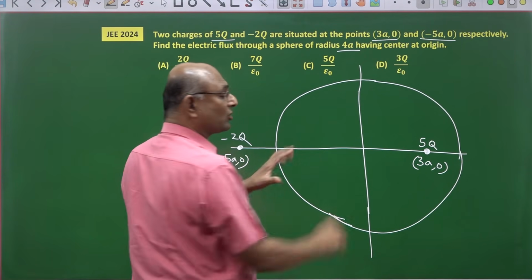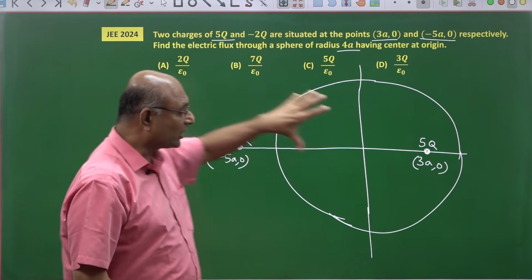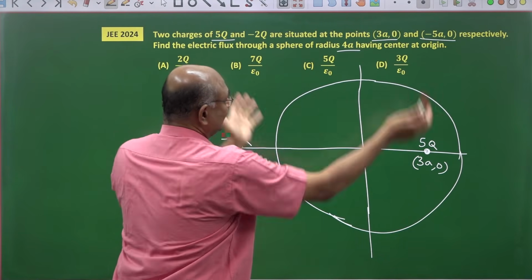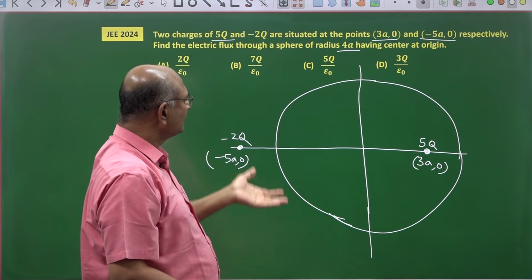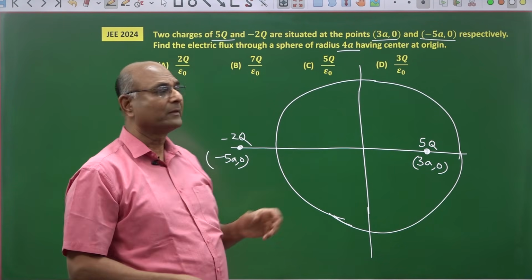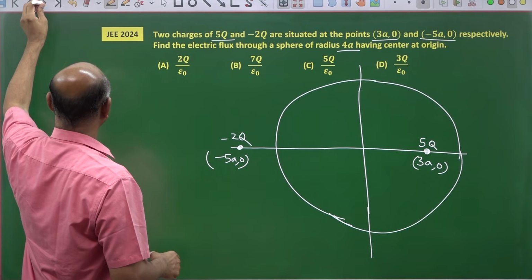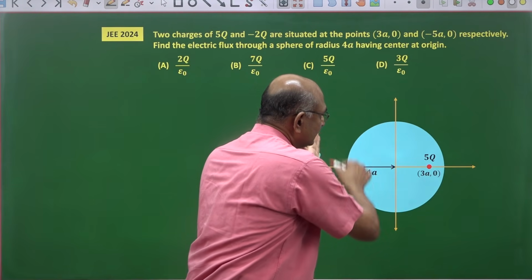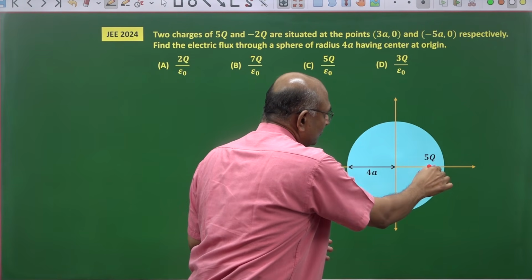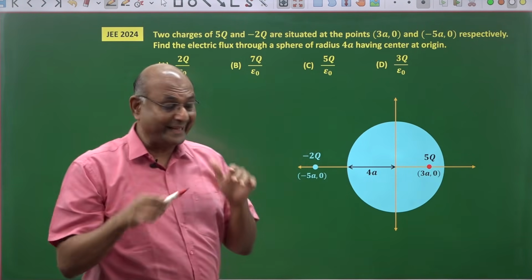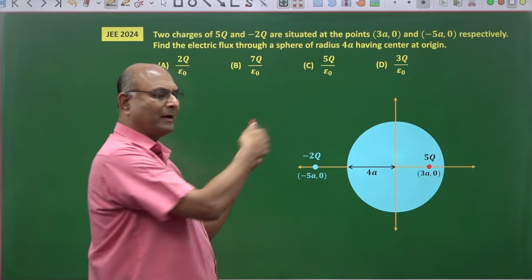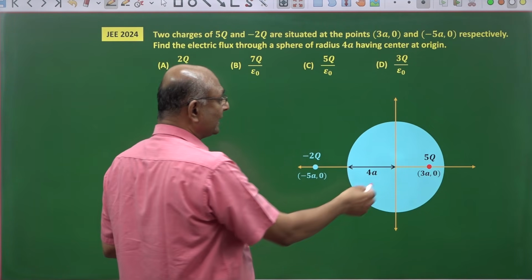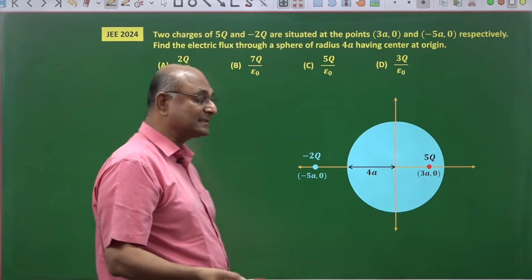So basically you have to draw this diagram. Once you draw this diagram, and this is the surface through which we want the flux, then the charge inside is just this one. Okay, let me show you a better drawn diagram. So here you see this is 3a, this radius is 4a. So this is going to be enclosed inside, whereas this is going to be outside. So once you realize that, what is the net charge inside? Phi q.